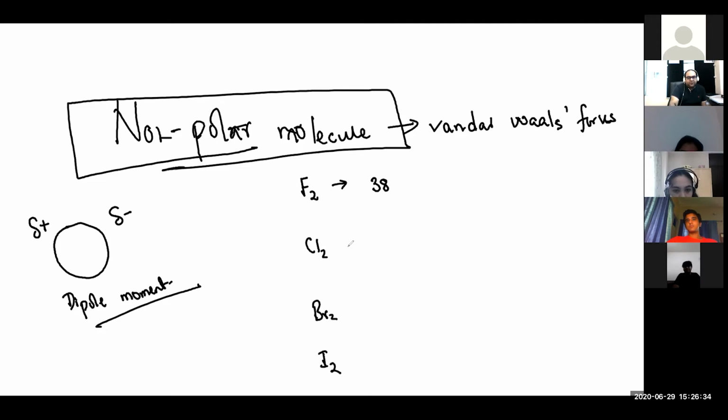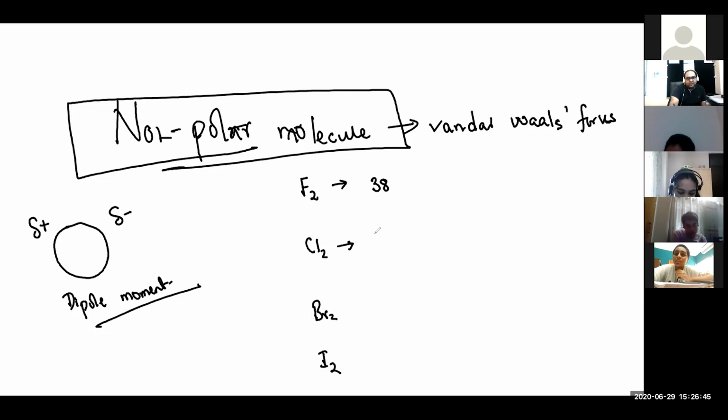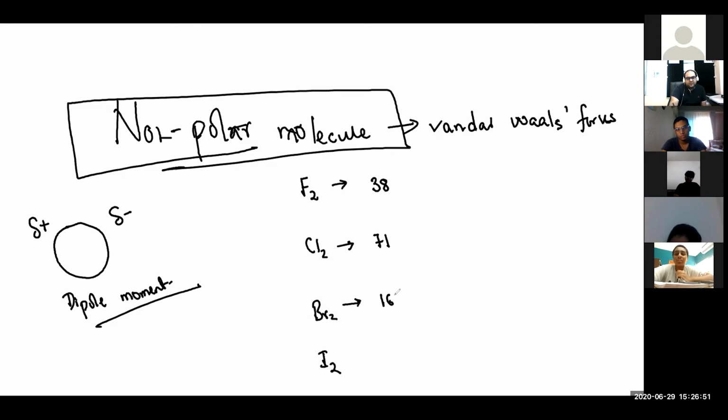What is the mass of chlorine? 71. Bromine, 160. And iodine, 254.